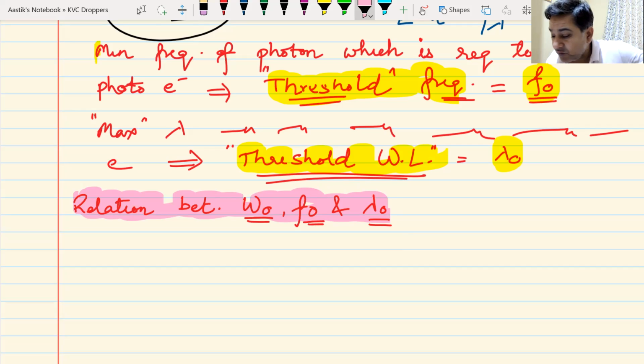Relation between W naught. What does W naught stand for? Work function. What does f naught stand for? Threshold frequency. What does lambda naught stand for? Threshold wavelength. And you have 1 minute to tell me the relation between the three. Your time starts now.